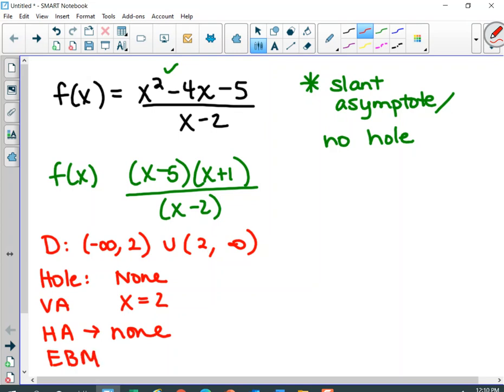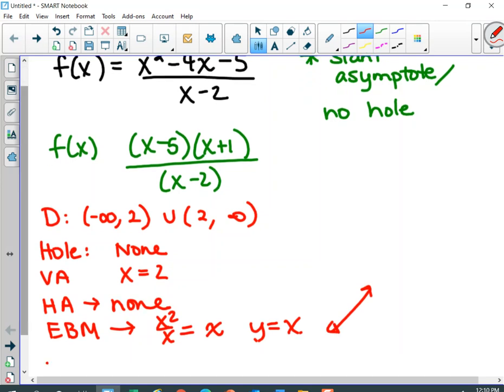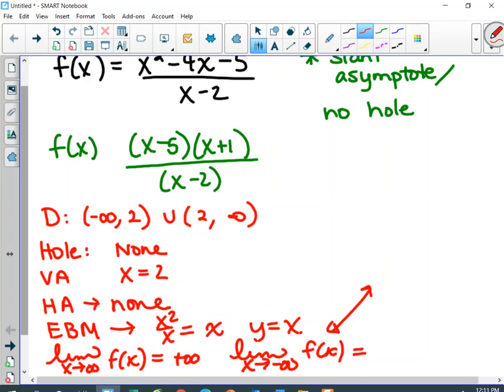And for end behavior, since I don't have a horizontal asymptote, x squared over x, or just x, y equals x, which looks like that. And so when I look at the right side of this function graph, I'm going to see it going up to positive infinity, and the left side of this function graph, I'm going to see it going to a y of negative infinity.